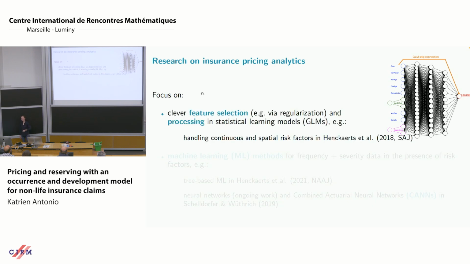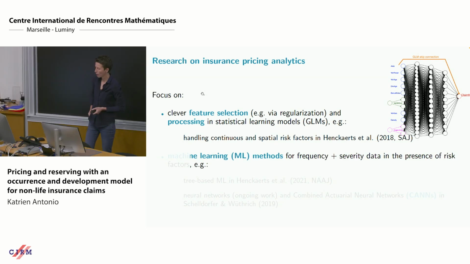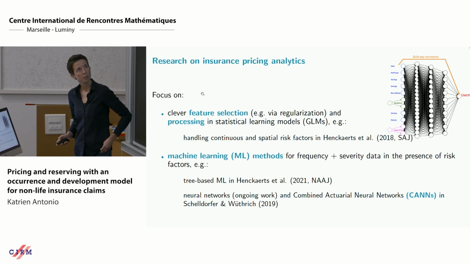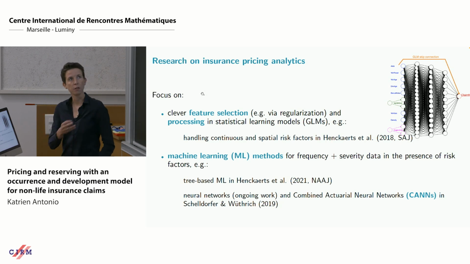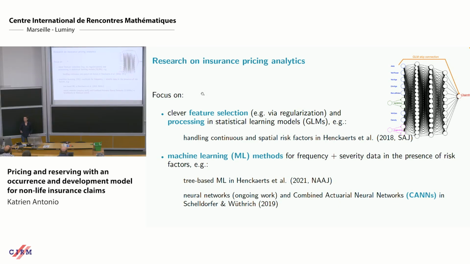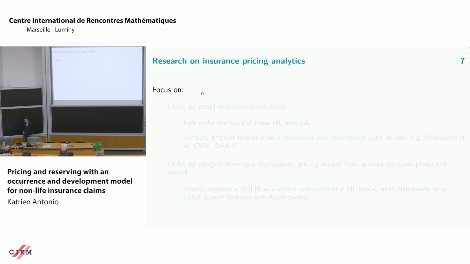So we know that some of the topics, and I included that just to give you an overview of a few topics in the field there. We have contributions on how to do clever feature selection or feature processing, how to extend our actuarial toolkits of GLMs by looking into more machine learning methods for frequency and severity, and you see, of course, a few ideas of what people have been doing recently or are doing in this field, right?